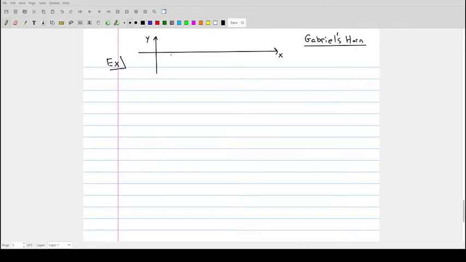So we'll take the following function. We'll think about the function y equals 1 over x, which just keeps getting smaller and smaller and smaller as we get larger and larger with our value of x.